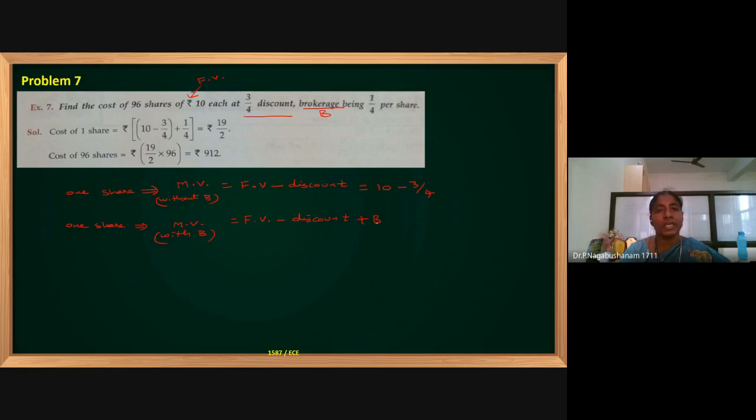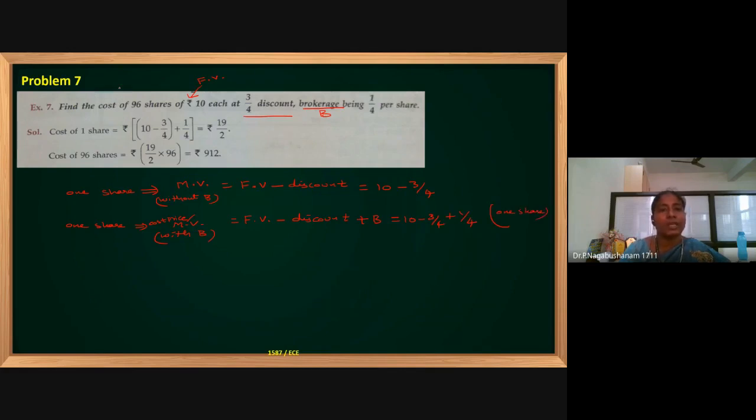If you calculate selling price, brokerage will be subtracted. Here we are calculating cost price, so the brokerage will get added. So 10 minus 3 by 4 plus 1 by 4 is the market value for a single share.